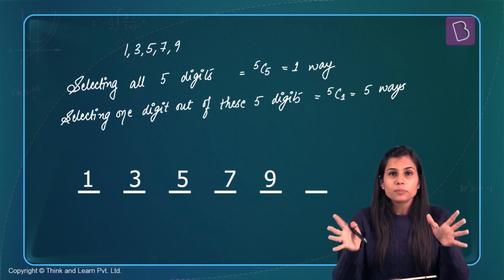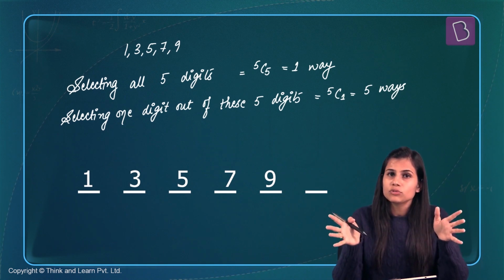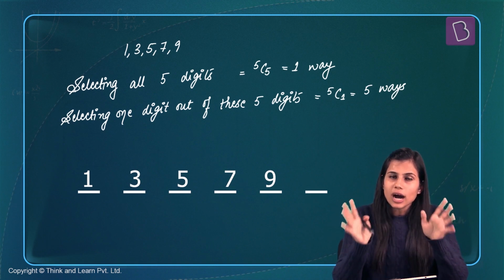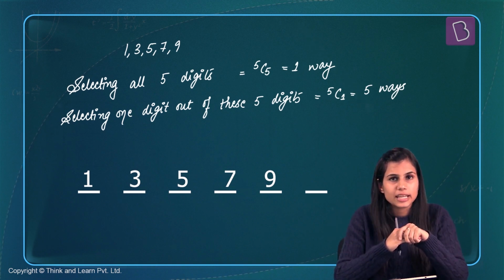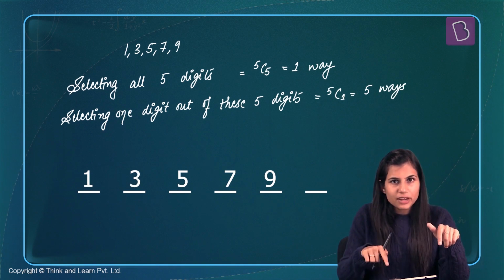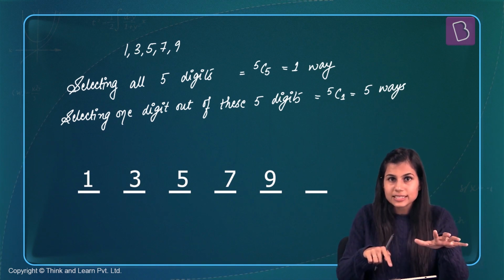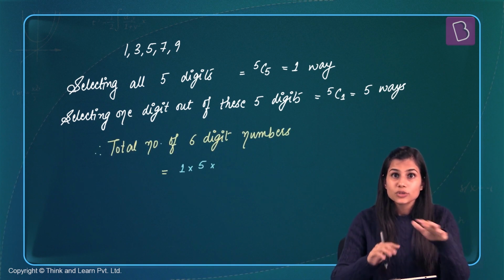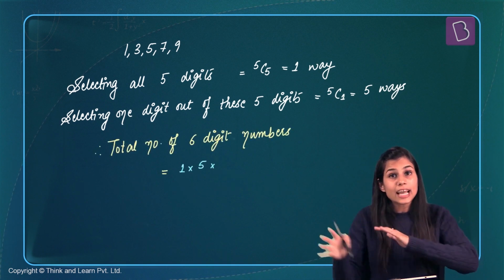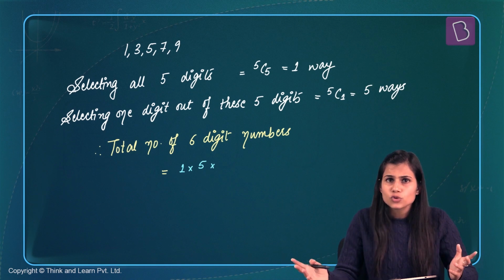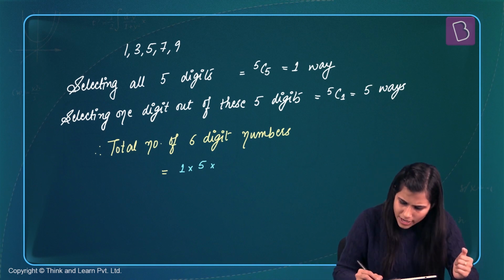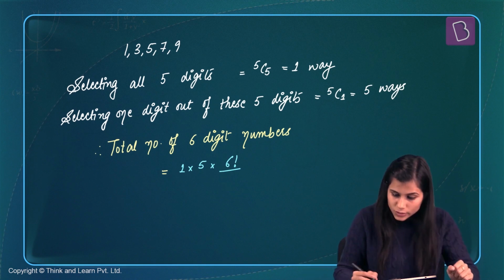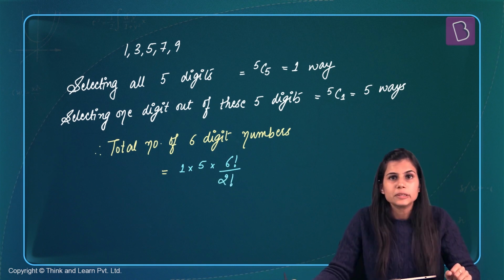Now, what are the digits I have to permute? The digits that I have to permute are 6 digits in which 2 are identical. Realize that? These 1, 3, 5, 7, 9 are filling up 5 places, and the 6th place is filled up by 1 digit out of these 5 only. So there are 6 digits out of which 2 are identical and I have to permute them. How many ways are there to do that? Well, 6 factorial, because in total there are 6 digits, but 2 are identical, so I divide by 2 factorial.